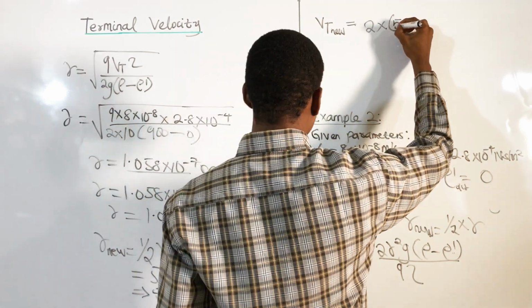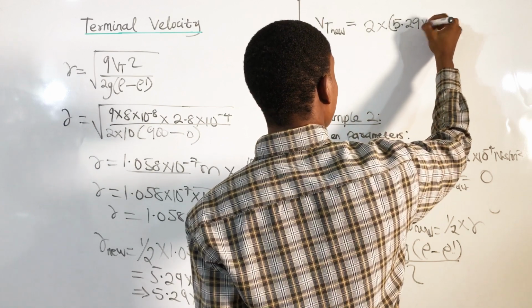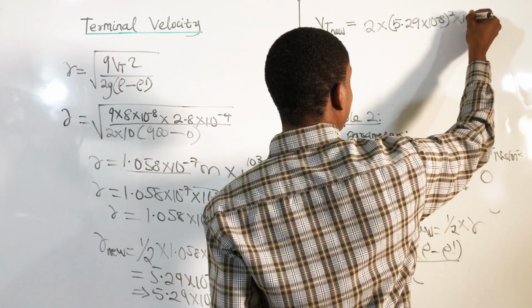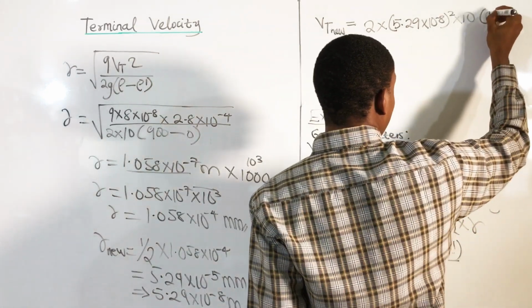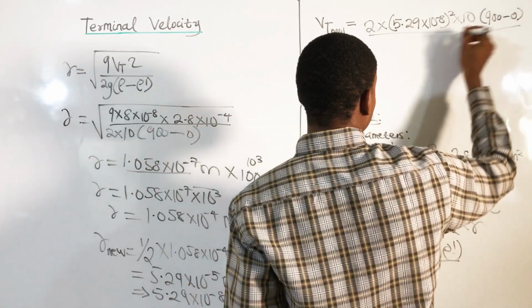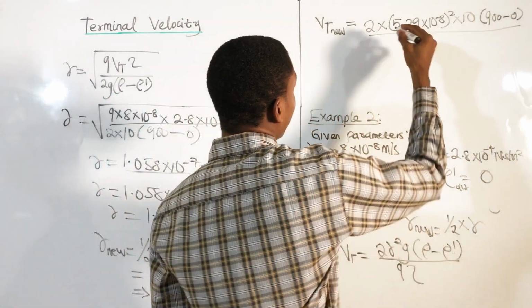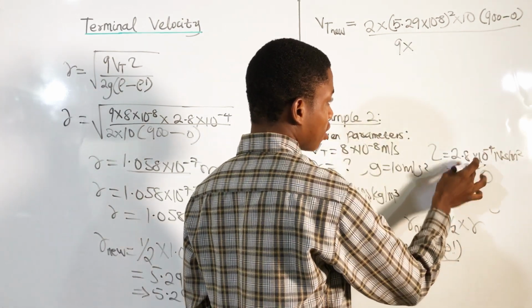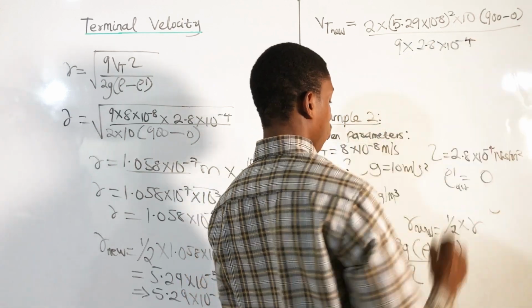Of course, the new radius is 5.29 times 10 raised to the power negative 8, all squared, multiplied by the acceleration due to gravity, 10, into 900 minus 0, over 9 multiplied by the coefficient of viscosity, which is 2.8 times 10 raised to the power negative 4.